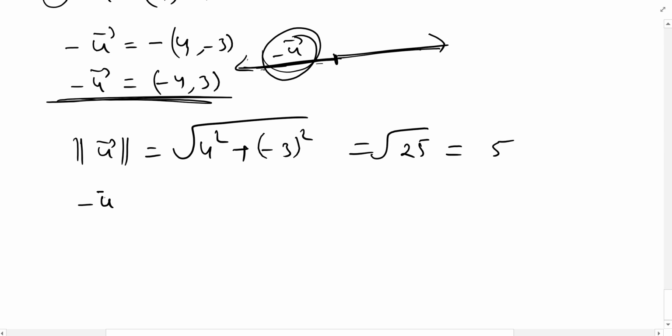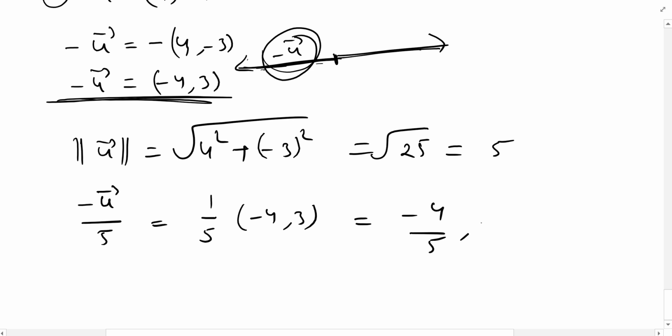So minus u divided by 5 means 1 over 5. Good. So negative u is that, divided by its length, just like the previous question. But this time we are doing it in the opposite direction.